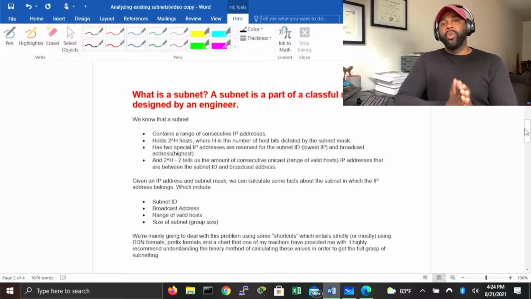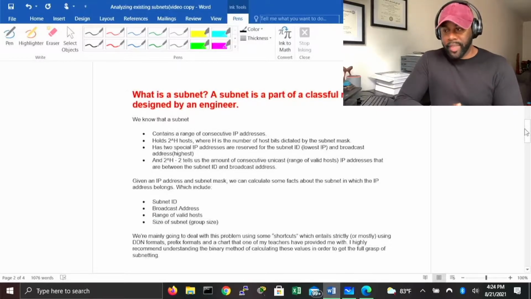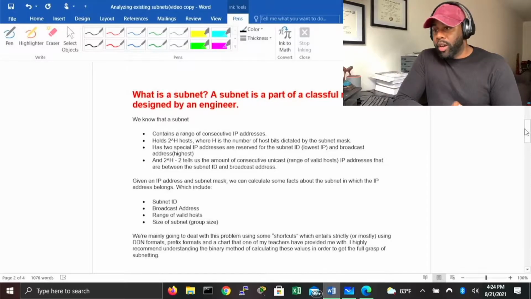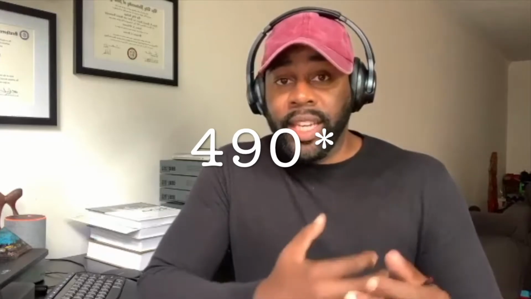First of all, we're going to review what a subnet is. A subnet is a part of a classful network designed by an engineer. Designed, and this is important to know when it comes to providing service to customers. If you have a customer that wants a maximum of 70 subnets and wants to be able to host 49 hosts, then you need to do a little bit of calculation, a little bit of designing to give the customer what they want.